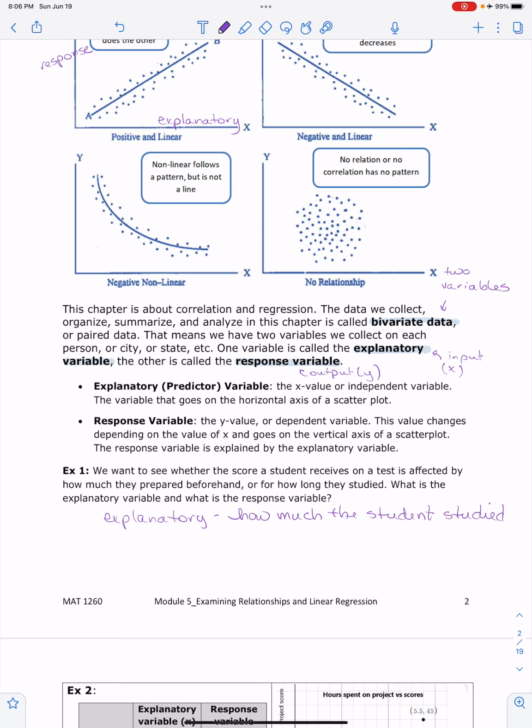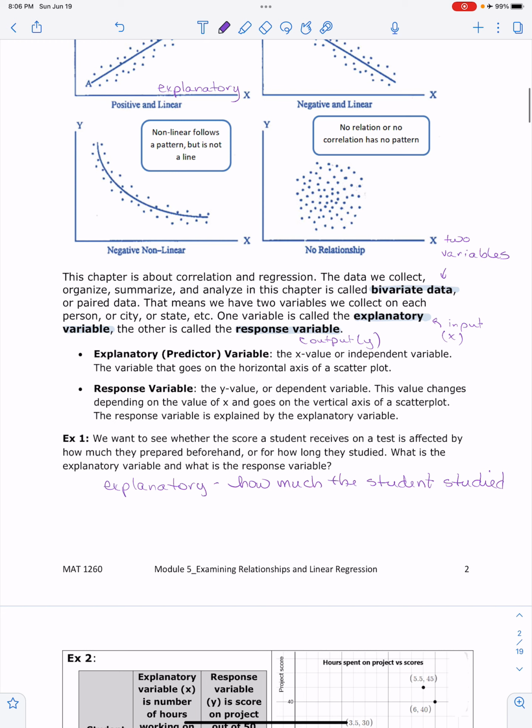If you want to think of it in terms of time, that has to happen first, right? Our response variable then is going to be the score they receive on the test.